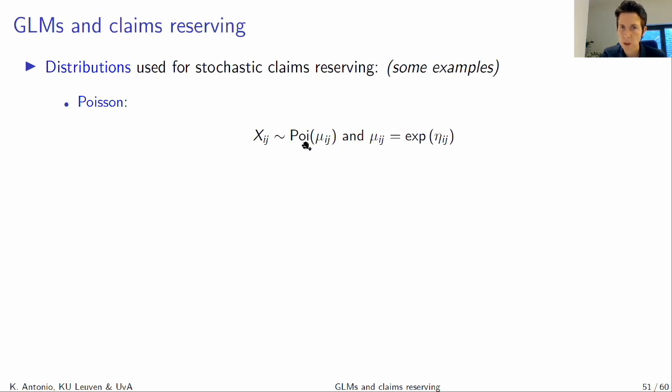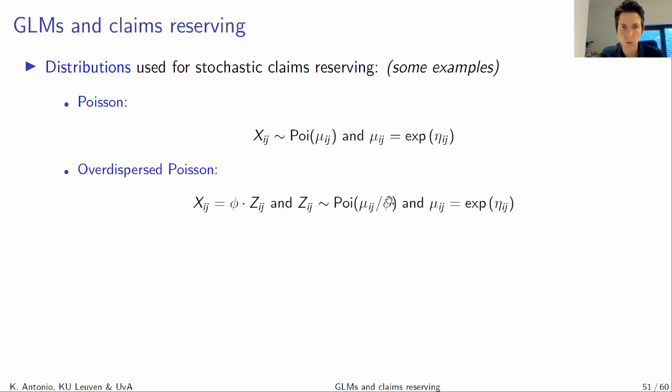The first one is a classic Poisson assumption, where we have a mean mu, and this mean mu can be written as the exponential of a linear predictor. This would be a valid assumption, for instance, if you're modeling an incremental triangle with number of reported claims, because then you have count data, and these count data could potentially be modeled with a Poisson assumption.